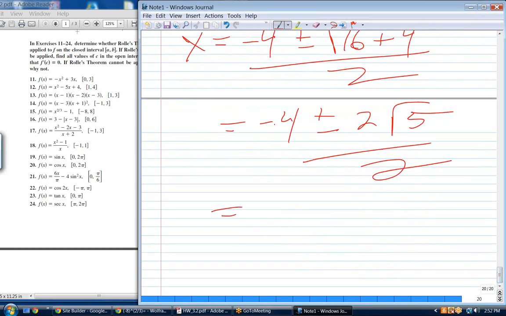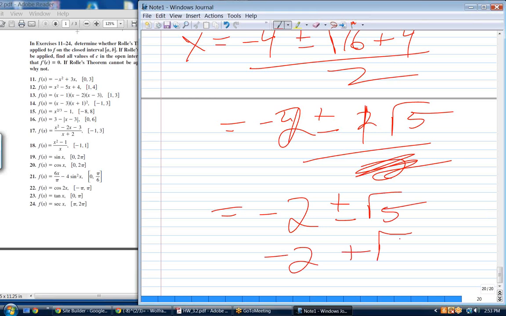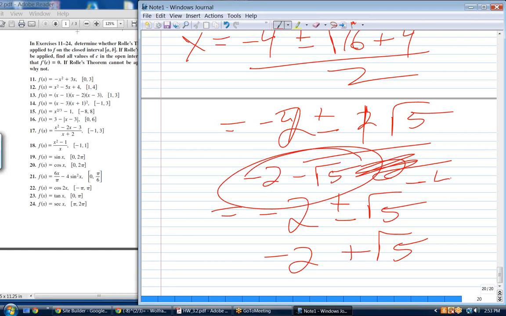So that's equal to minus 2 plus or minus root 5. So minus 2 plus root 5 falls in that interval. That's a small positive number. Minus 2 minus root 5 is outside the interval. Minus 4 and change.